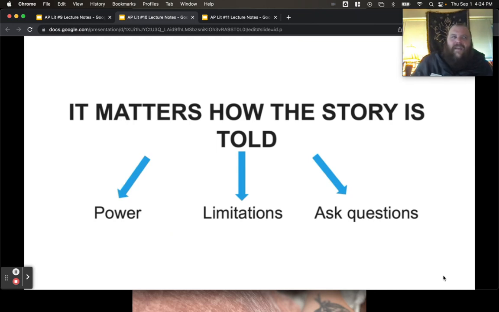Or ask questions like, okay, this is third person omniscient. Now, what does that actually do for me? Oh, I understand Mrs. Mallard more than even anyone in her life. She's misunderstood. No one really knows her, truly knows her, but I do. Questions of power, questions of what limitations are there, and questions themselves. That's why it matters how a story is told.